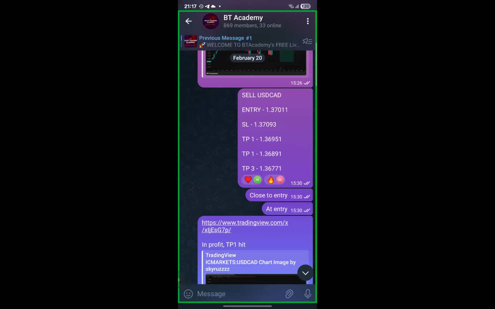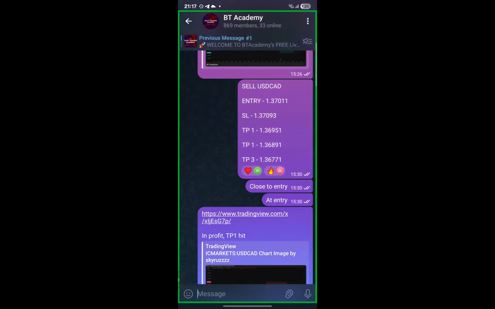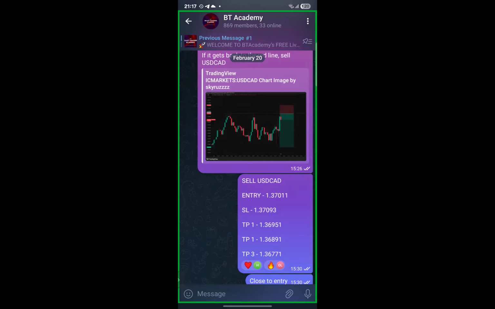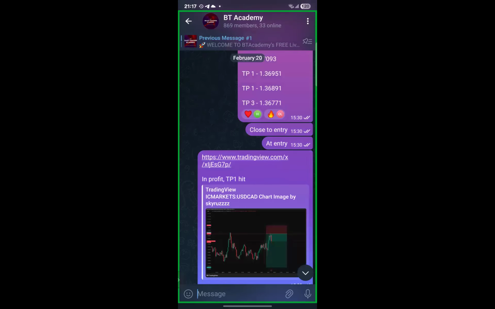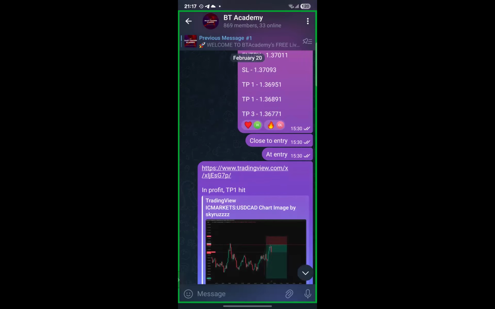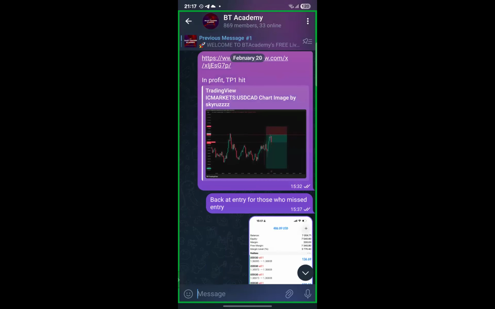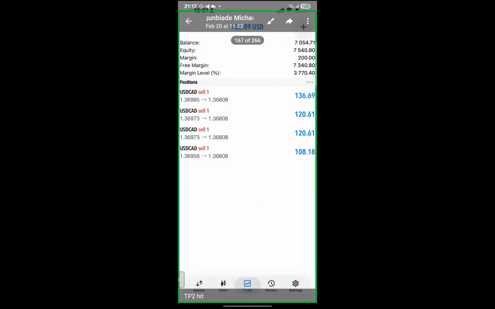So you can see that when the market got close to the entry point, I told you guys it was close to the entry point. Once it hit the entry point, I said that it had hit the entry point, and then it started moving. You can see it started moving here. This was the trade I took. As at now, this account is currently over $10,000 already. I started trading it like 5K.